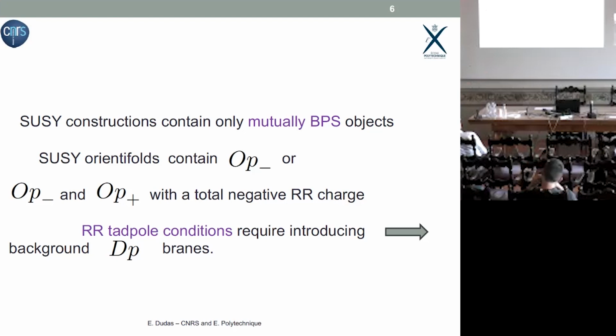They can be either only O-, or only O+. And again, the tadpole condition is just Gauss law. The sum of the charges in internal space should be 0. The tadpole condition requires introducing background branes. For example, we have a certain negative charge coming from O- planes, so we have to add an appropriate number of branes.